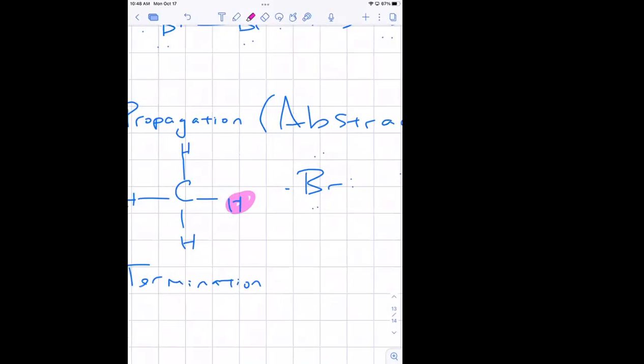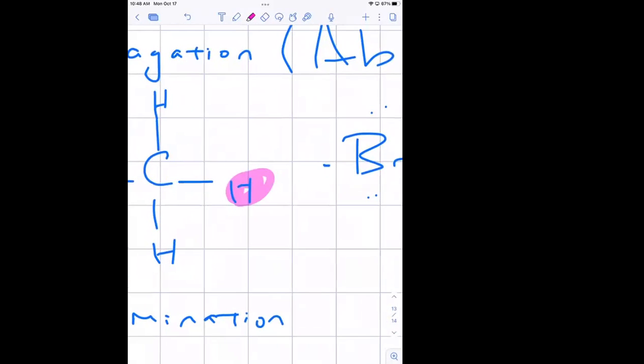And then I'm going to make an HBr bond homogenically. So this is what's happening here. I'm going here and here. Is that right? Yeah. And then here. That never changes. So if you see this on the exam, when you get to the propagation step, it's the same 3 arrows no matter what hydrogen you remove.